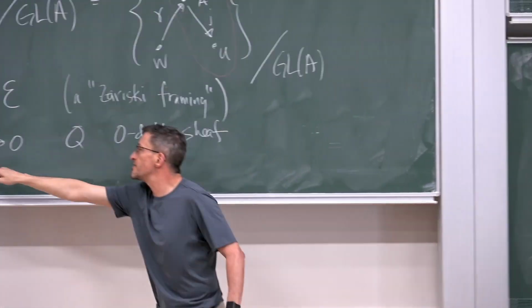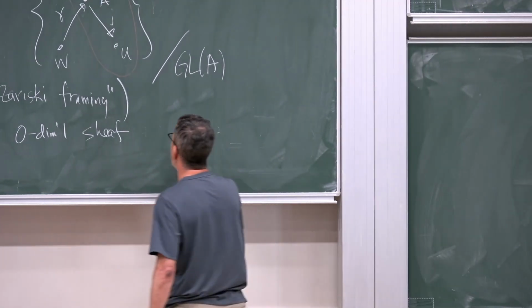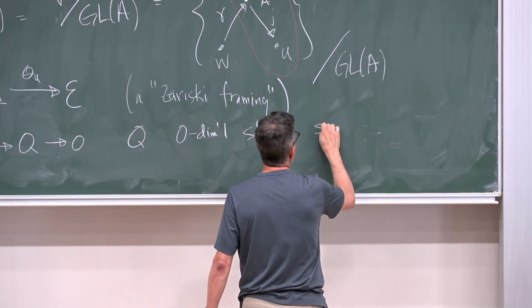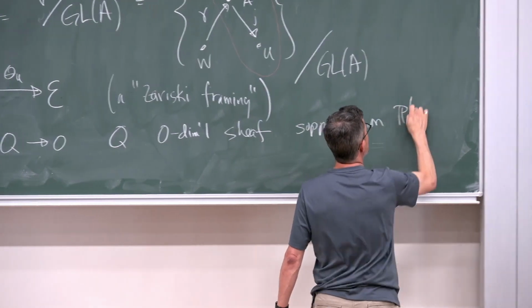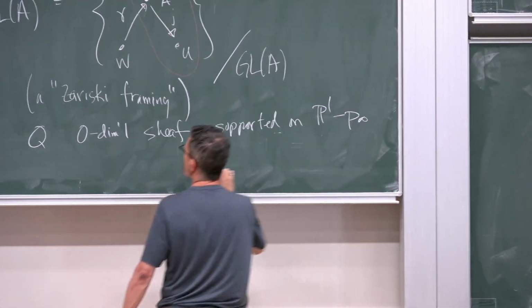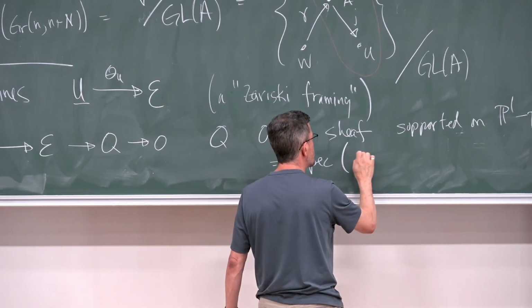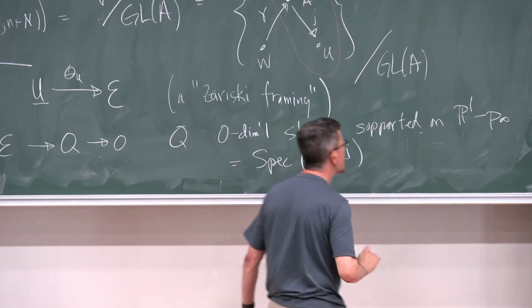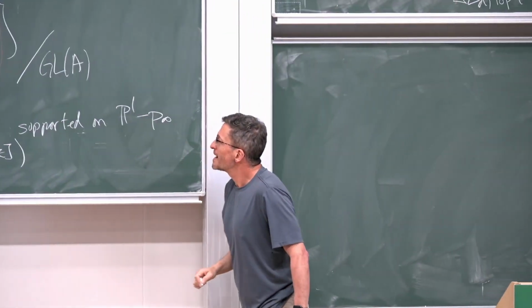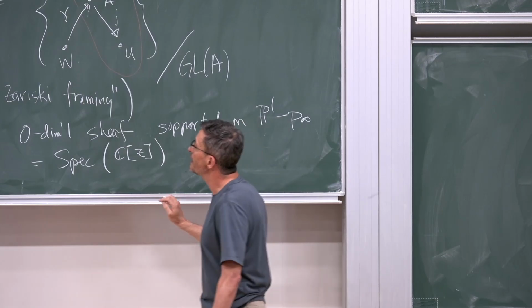And since this is an isomorphism at infinity, the sheaf is supported on the affine line, so supported on P1 minus P infinity, which I want to think of as spec of the affine coordinate. Remember that was, I called that Z. And so in particular, it's a finite dimensional module for this guy.